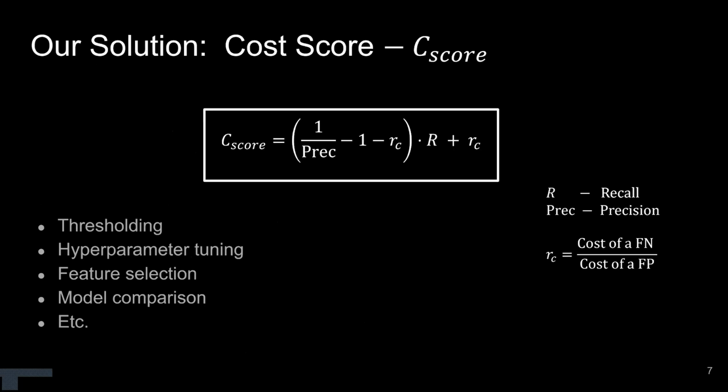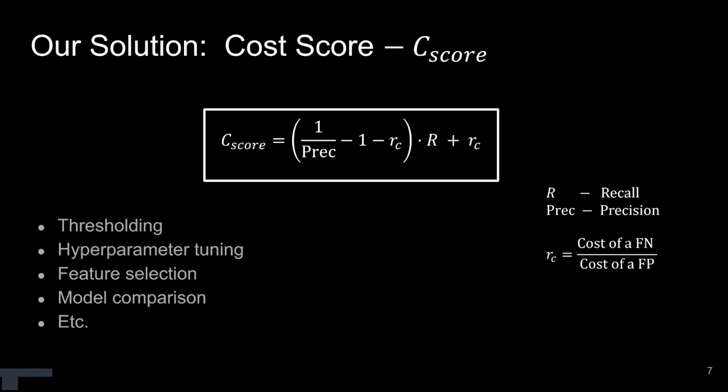So our solution is to use Cscore, which, like F1 score, is composed of recall and precision, and another factor called the cost ratio, RC, which is the ratio of the cost of a false negative to the cost of a false positive.